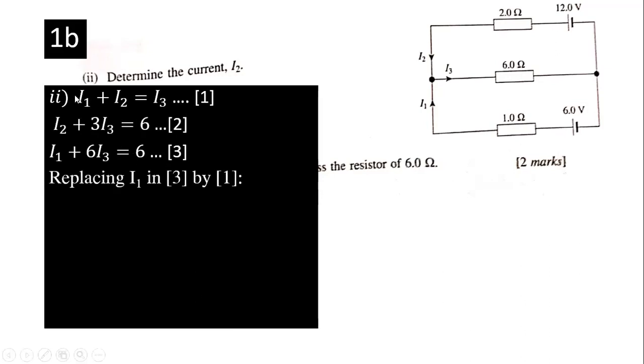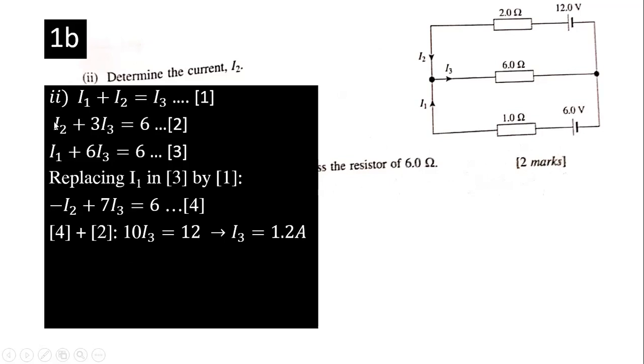Replacing I1 in equation 3 by equation 1, take I1 from here into here. So you get minus I2, I3 plus 6I3, 7I3, and 6 there. Equation 4. Now you can add equation 2 and equation 4 together.